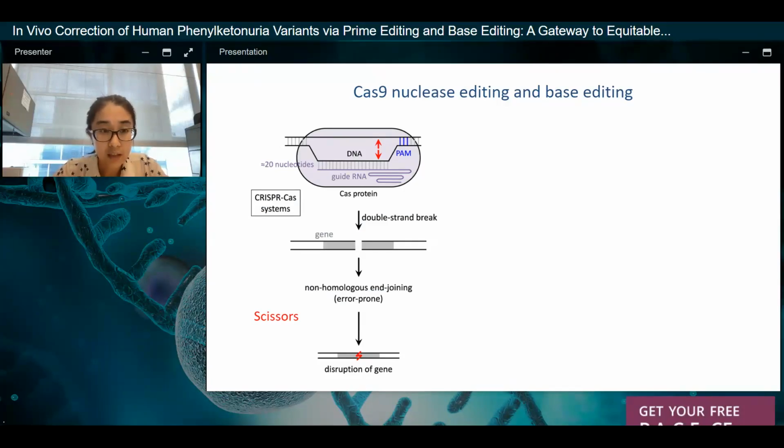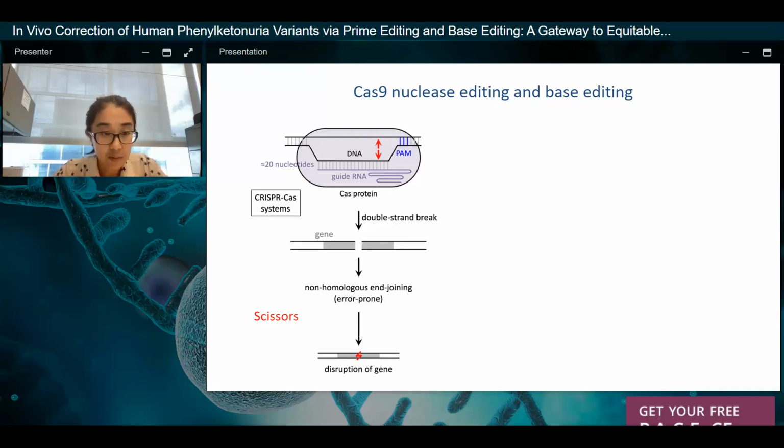Then, what genome editing tools do we have? I believe the audience here are familiar with Cas9 nuclease editing and base editing. Very briefly, Cas9 protein can bind a specific DNA sequence and introduce a double-strand break. The default repair pathway in cells is non-homologous end joining, in which the free ends from the double-strand break are rejoined.